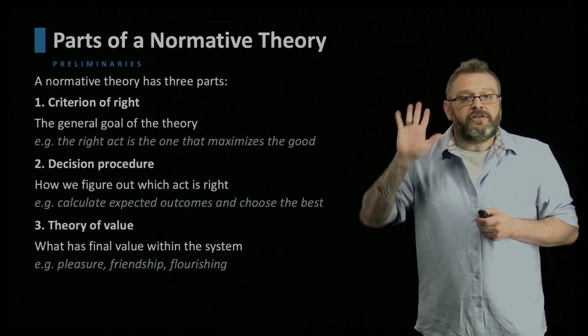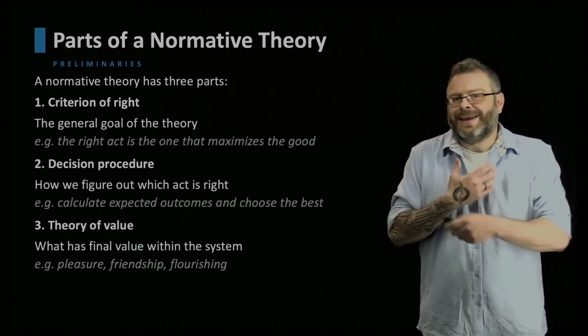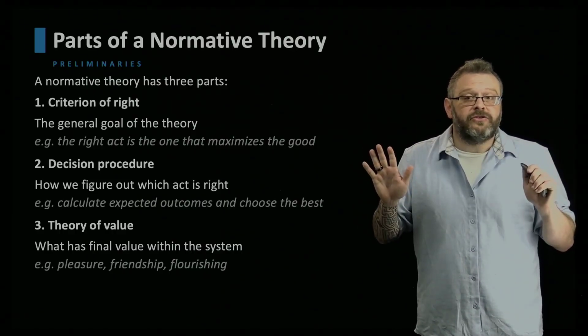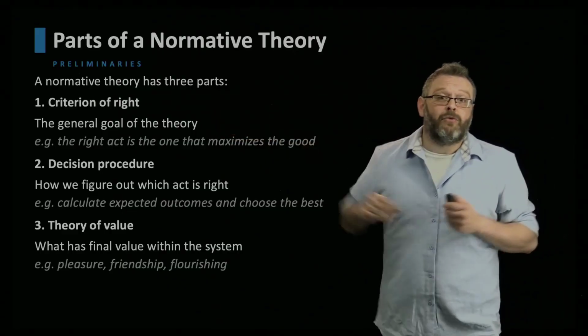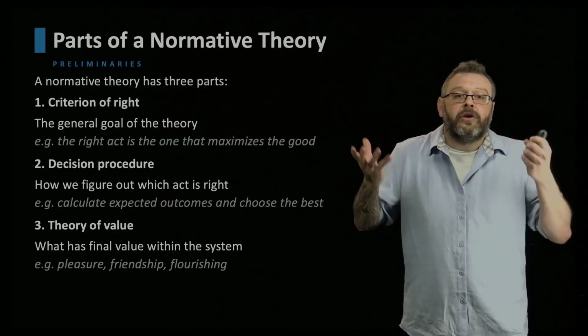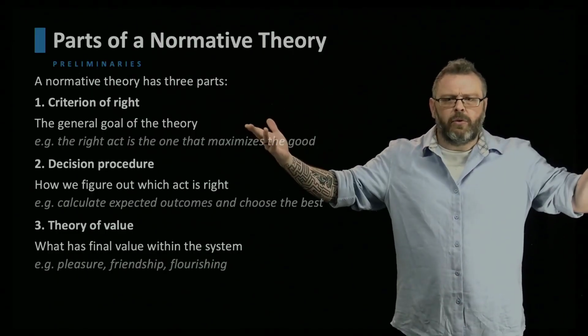Now, technically speaking, consequentialism is not an ethical theory. Technically, consequentialism is just what's called a criterion of right. It's basically just saying that the right act is the one that brings about the best consequences.